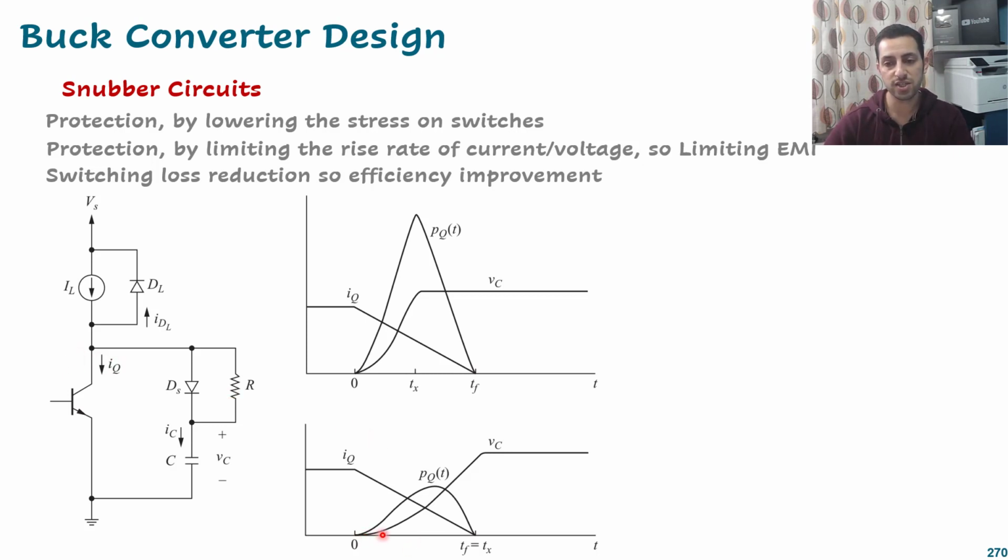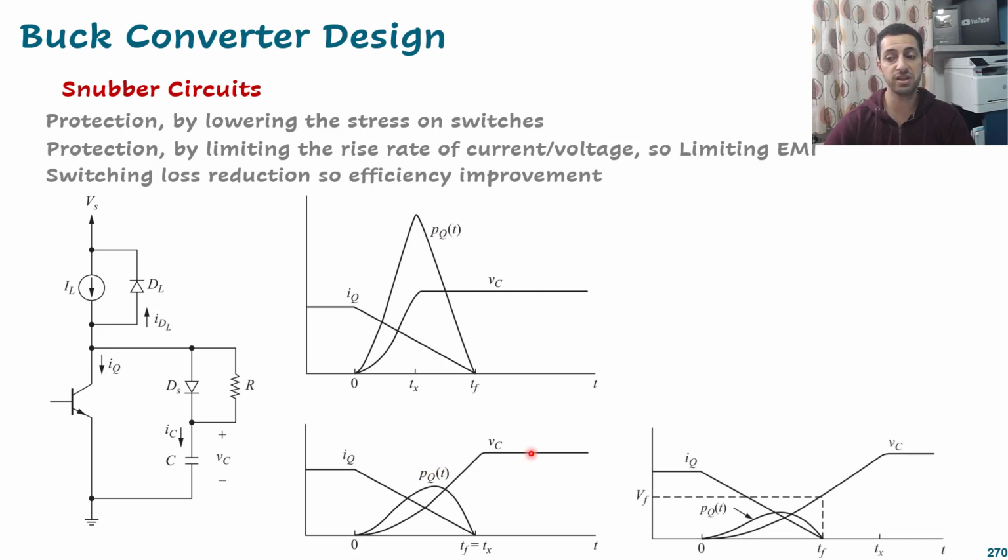It will rise slowly or exponentially according to the charge of the capacitance value here, and that will limit the switching losses as we see here compared with the previous one. We can increase also the capacitance value, and that also will make the rise of the voltage across that switch very slow, and this also will reduce the losses more and more.